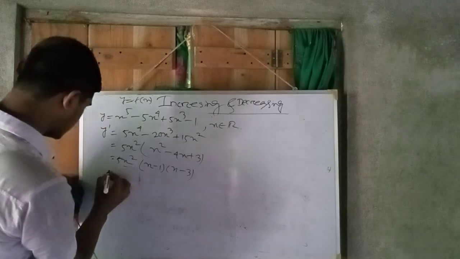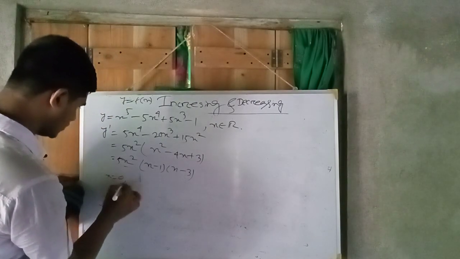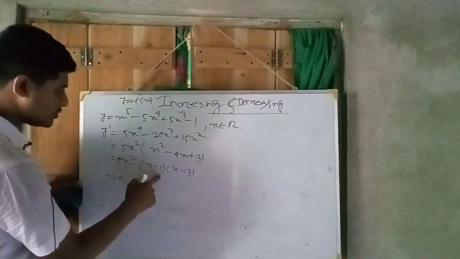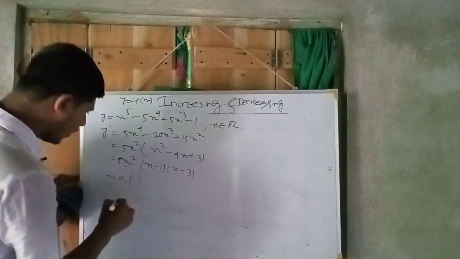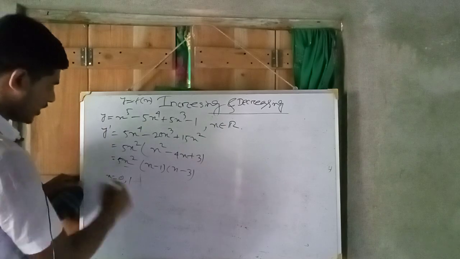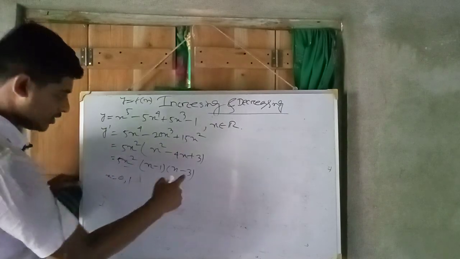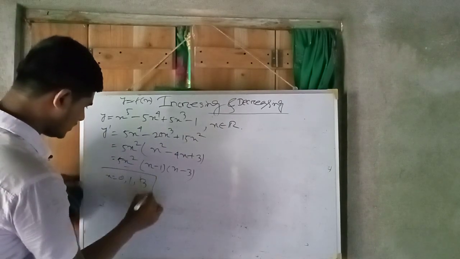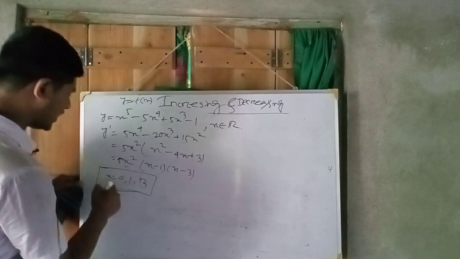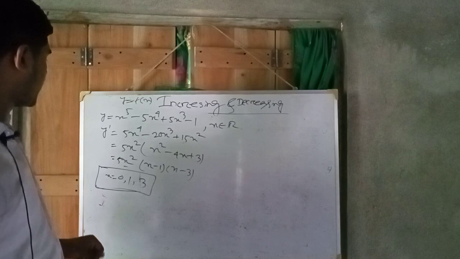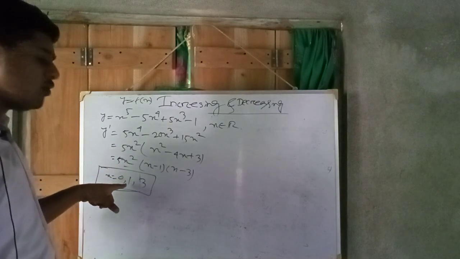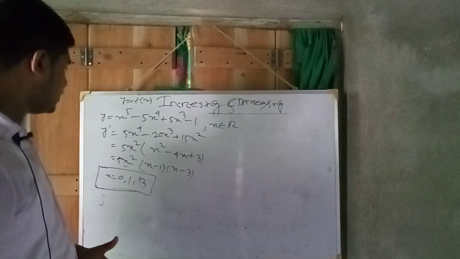So the set of critical points includes x equals 0. x minus 1 vanishes for x equals 1. So 1 is also a critical point of y, where y dash vanishes. Also 3. So this is the set of critical points. Here there is more than one critical point. Okay, so let's see.